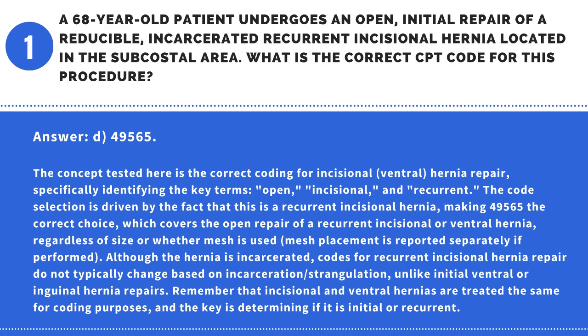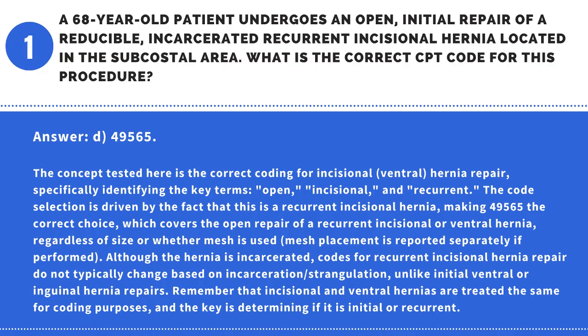Mesh placement is reported separately if performed. Although the hernia is incarcerated, codes for recurrent incisional hernia repair do not typically change based on incarceration/strangulation, unlike initial ventral or inguinal hernia repairs. Remember that incisional and ventral hernias are treated the same for coding purposes, and the key is determining if it is initial or recurrent.